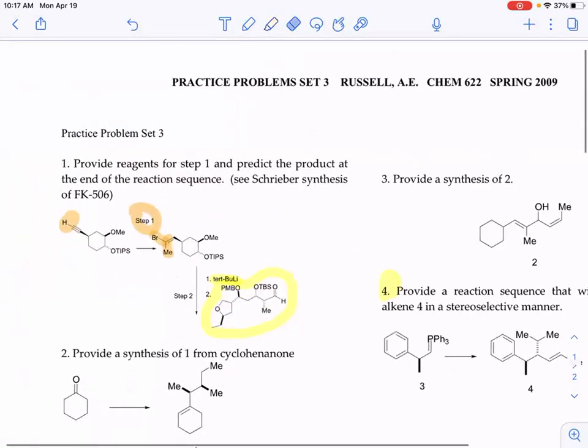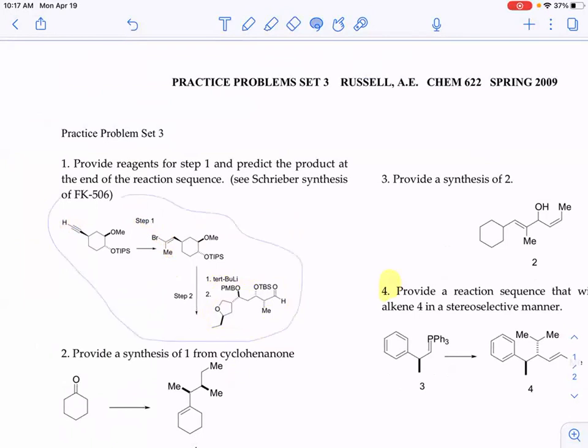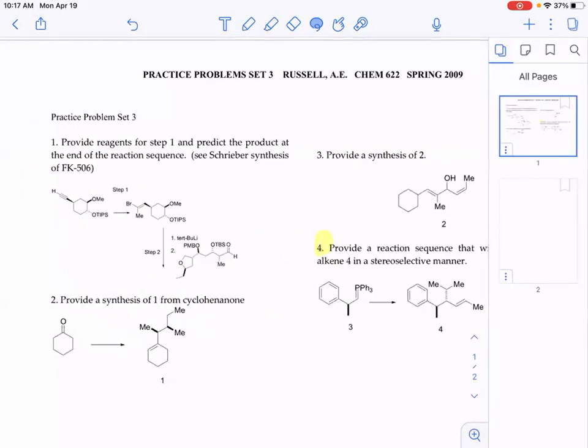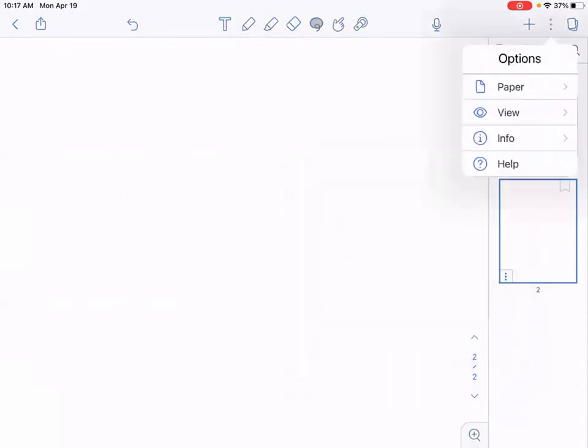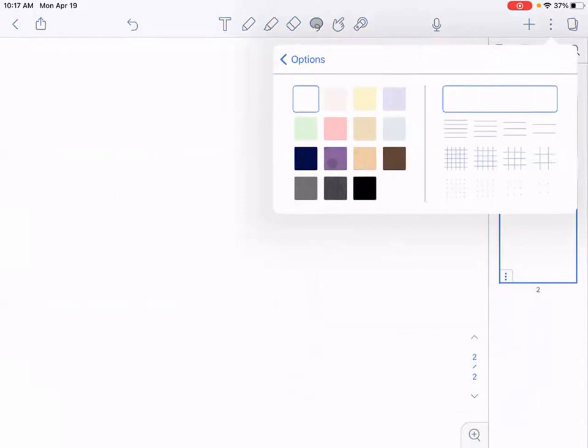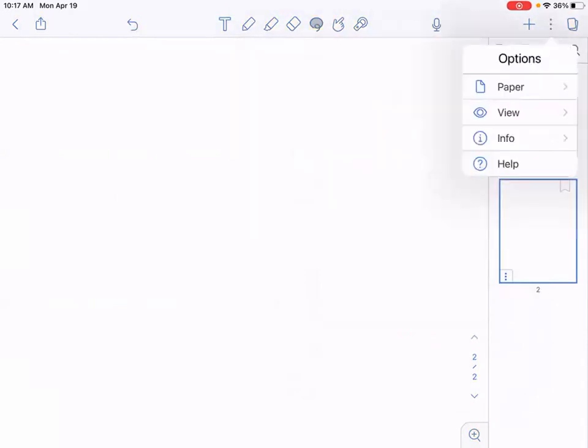Let's start here. Let me erase all that. And I'm gonna copy that and paste it on a blank sheet so we have some room to work. Copy that. I'm trying to see how to landscape it.